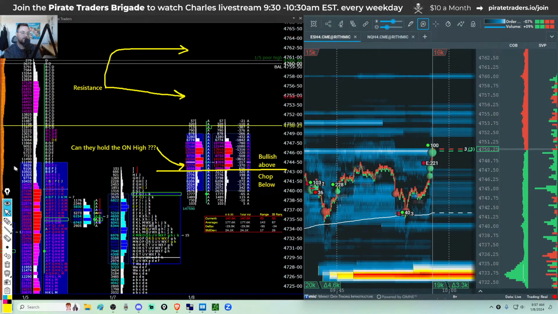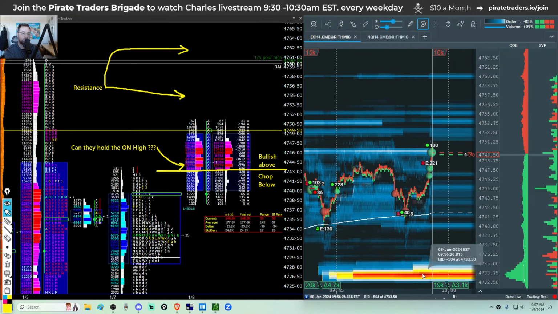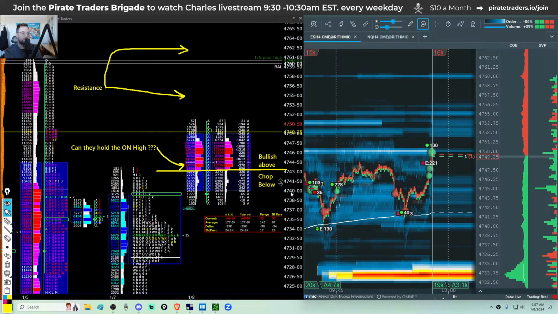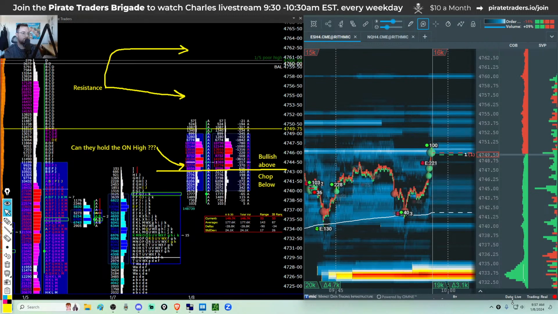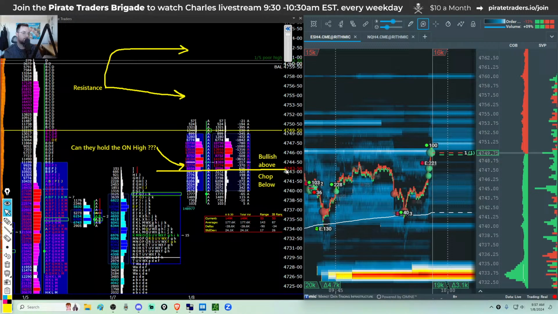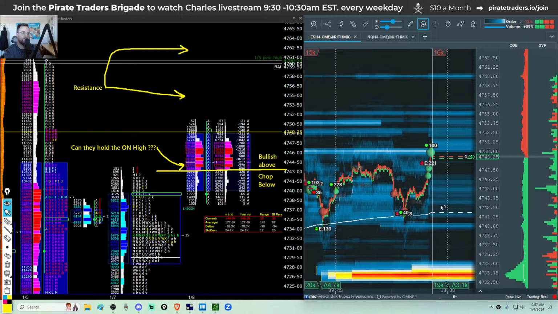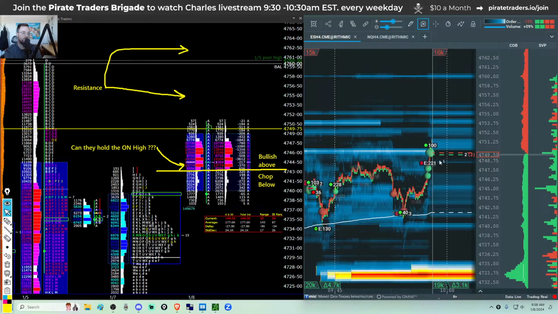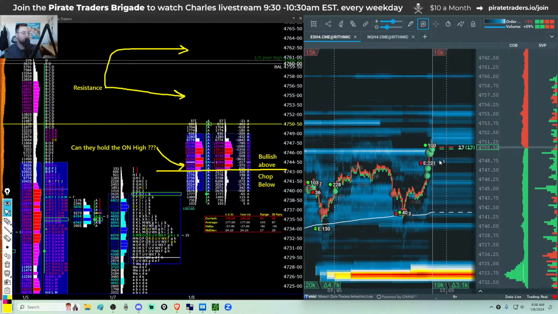They're pulling it away. They're giving up. You see? The color is getting lighter and lighter. We went from dark red to lighter red. Somebody just gave up. Probably the same person that just got stopped out of 100 shorts all at once. Sucks to be you, bro.